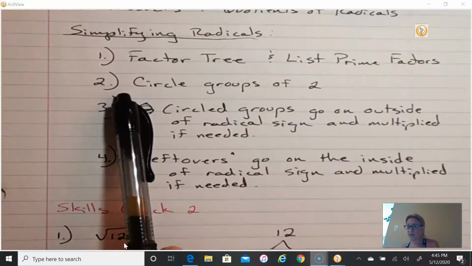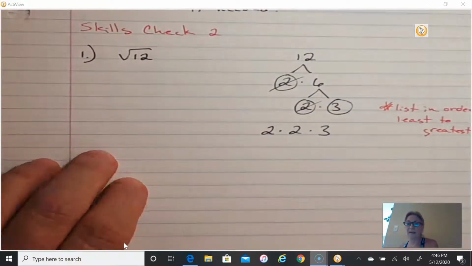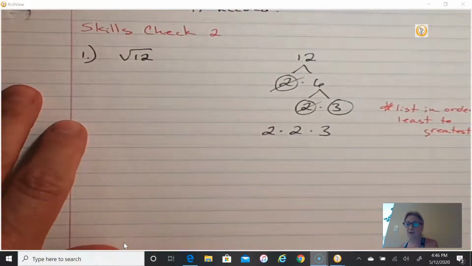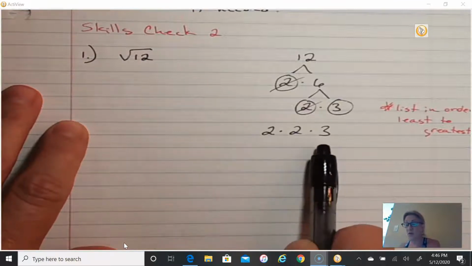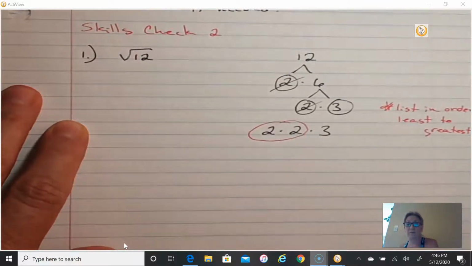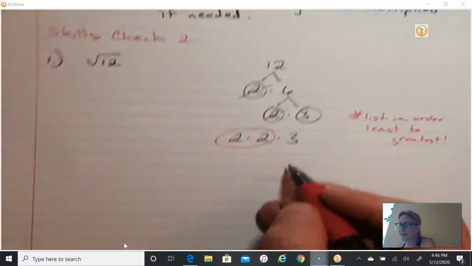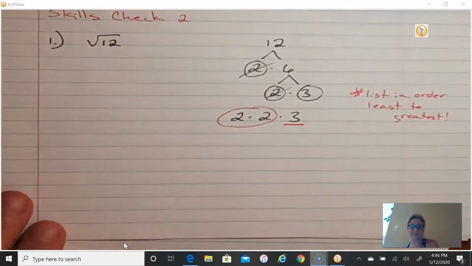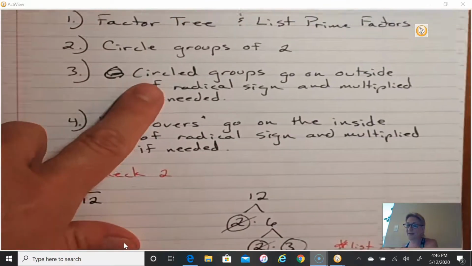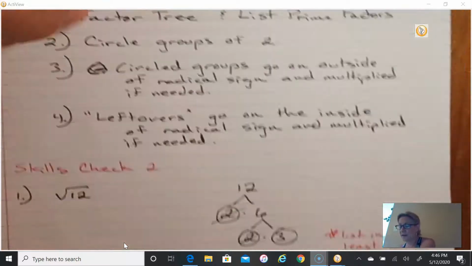Okay. Number 2 says circle groups of 2. They don't mean all your 2s. They mean groups of 2. We have 2 2s and 1 3. This is my group of 2. This is my leftover. Now, number 3 says circled groups go on the outside of the radical sign and multiply as needed.